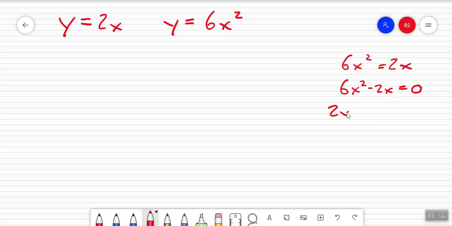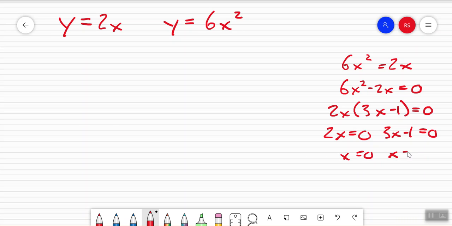I can then factor out a 2x, leaving me with 3x minus 1 equals 0. Then we want to take each factor and set it equal to 0. And when we do that, we end up with x equals 0 and x equals 1/3, which is exactly what we had found by looking at the Desmos graph.